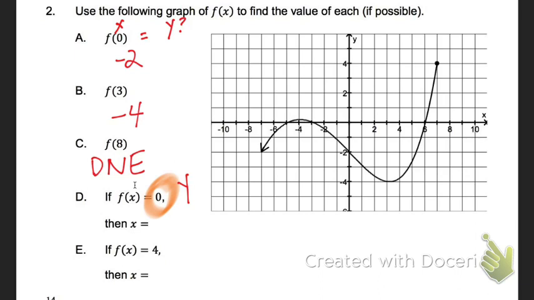Horizontal. So here's my y equals 0 line right here. It's at 3 x values. So I'm going to list them: -5, -3, and 6.